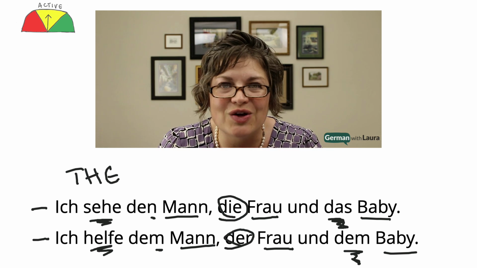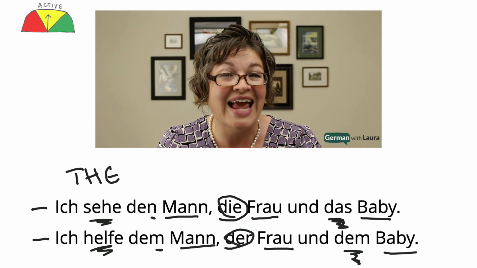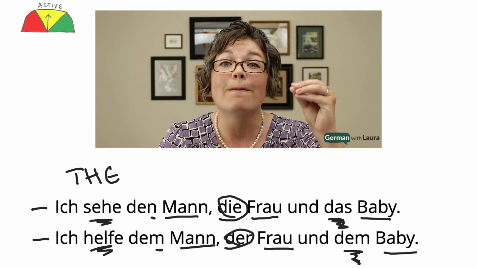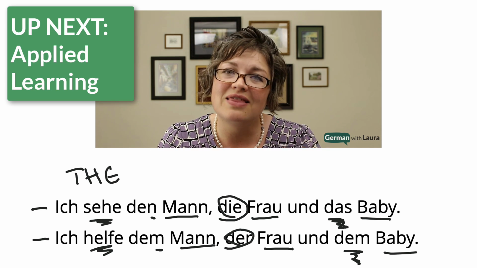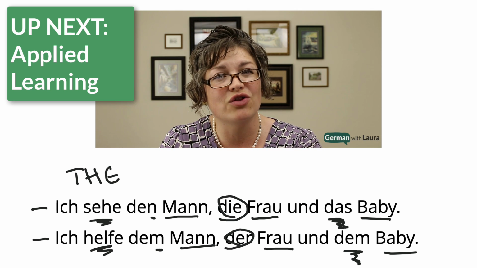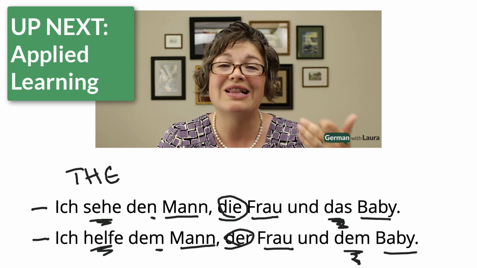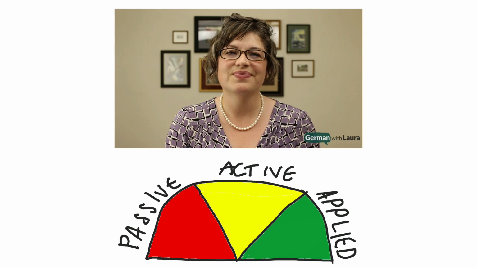And you have to understand them if you want to speak German. You have to not only understand them, you have to be able to make these changes yourself. The good news is this is possible with our high level efficiency learning, which is what I call applied learning, and that is the subject of our next video.